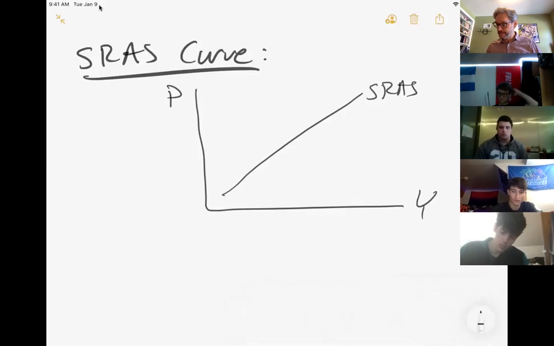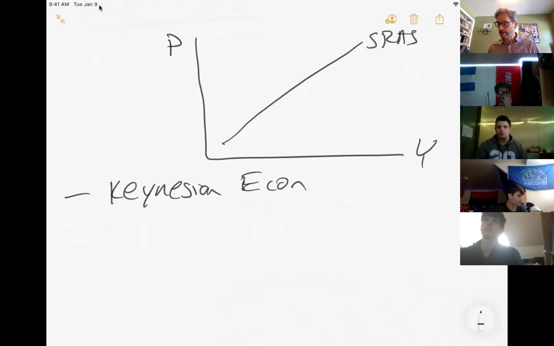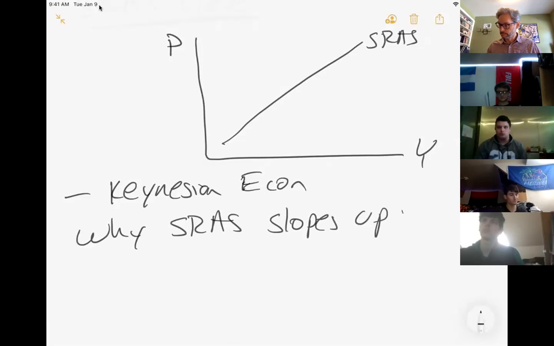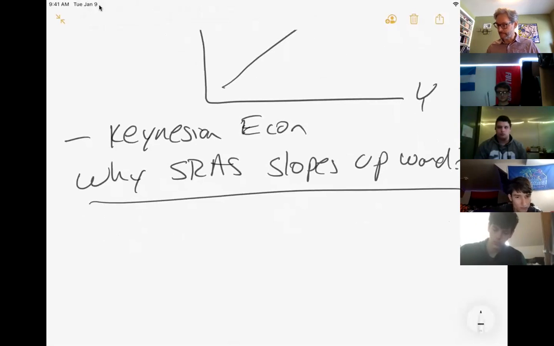And we said that this is really the idea behind Keynesian economics. It says that there's a positive relationship here between the price level and real output. And we talked about why. We talked about two reasons why this happens.